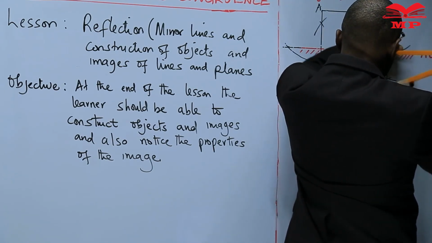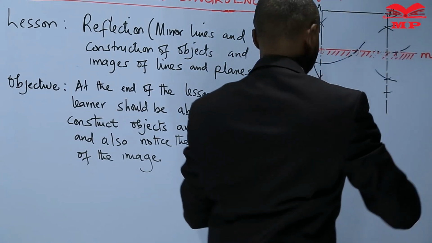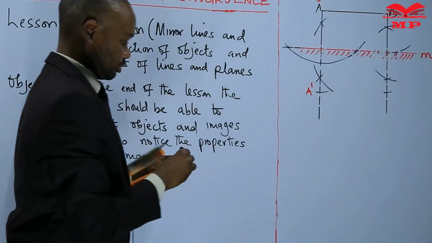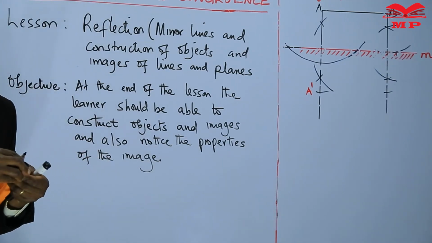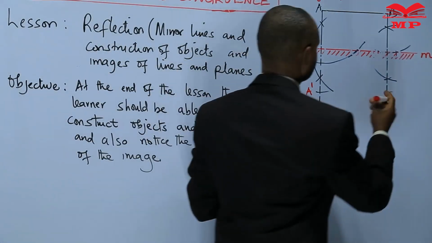So I would have got the image of B. I'll call it B prime.